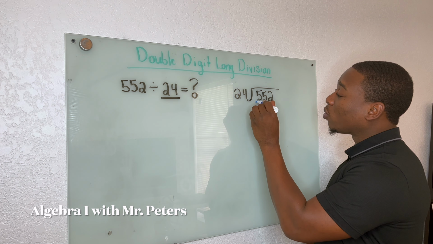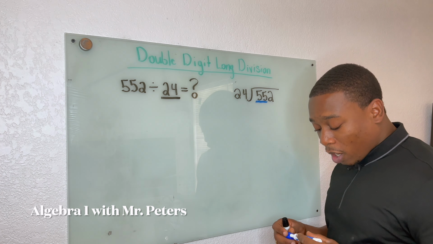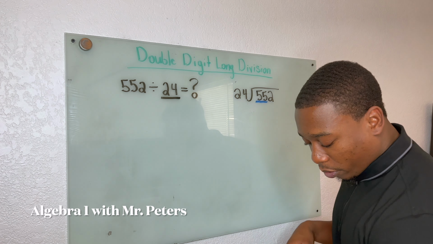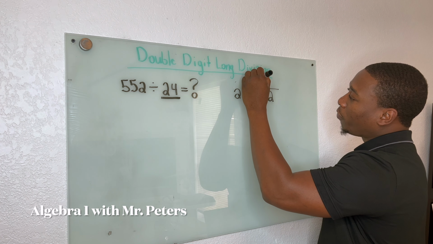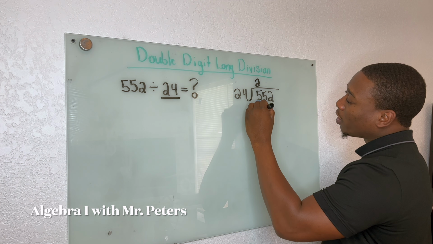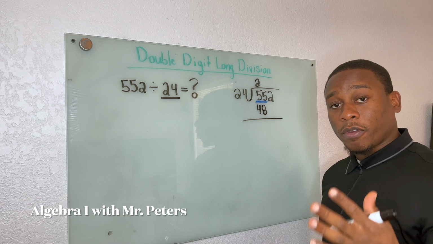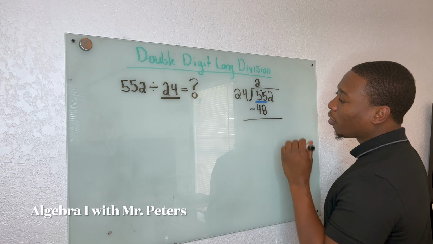So what we're going to do is make this into 55. Now we have a two-digit number divided by another two-digit number, and we can divide. I know that 24 times 2 is going to give me 48. This is the closest we can get to 55 without going over it. So this is our first step.